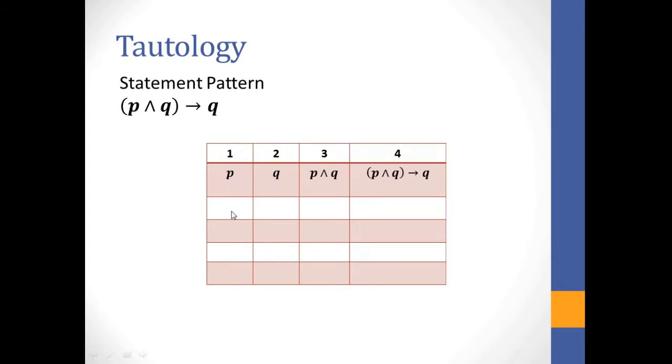As usual we write the values of P as T, T, F, F, and for Q we write T, F, T, F.